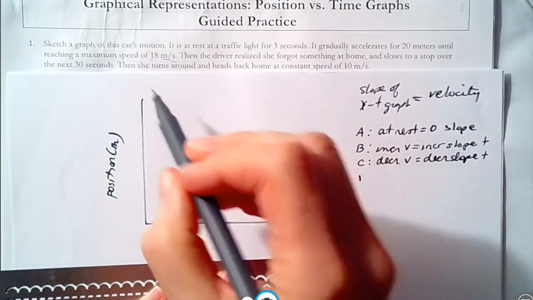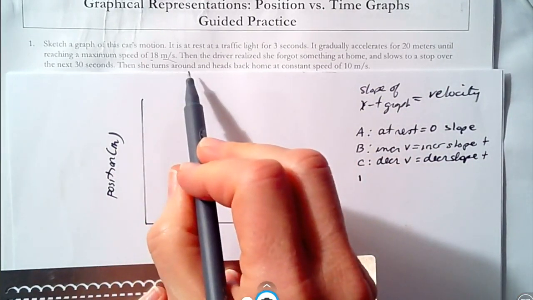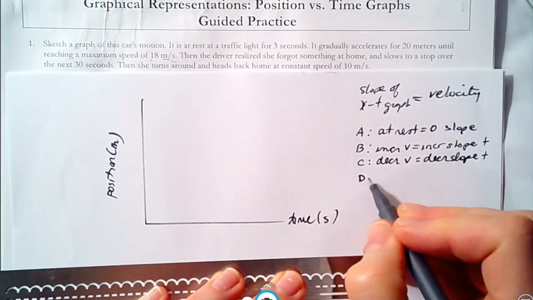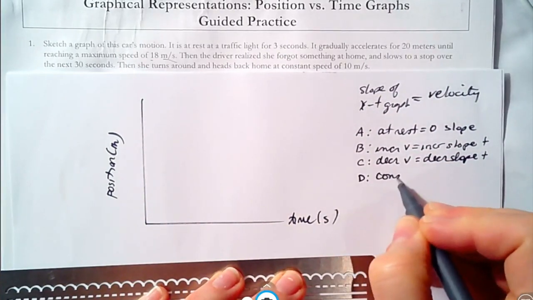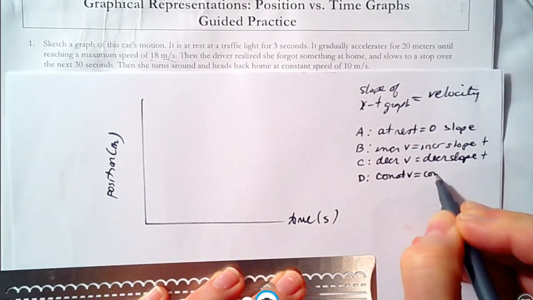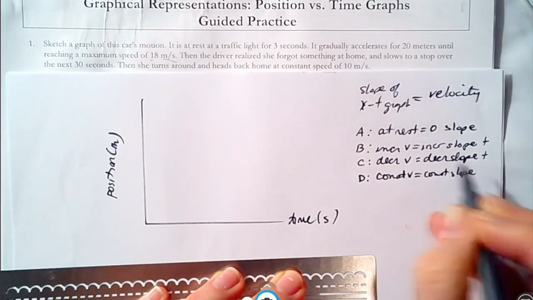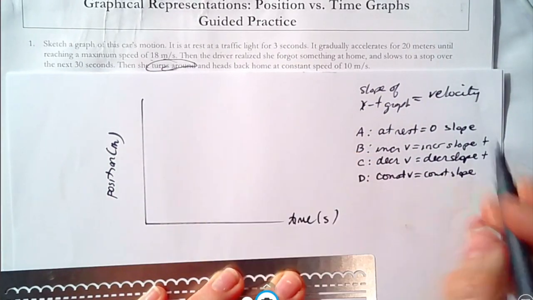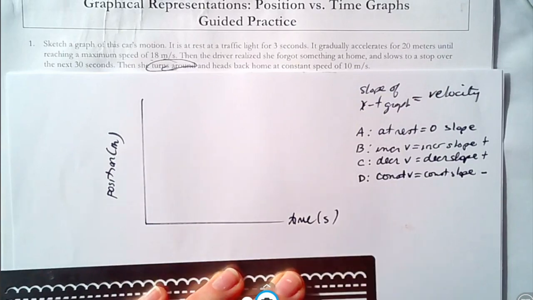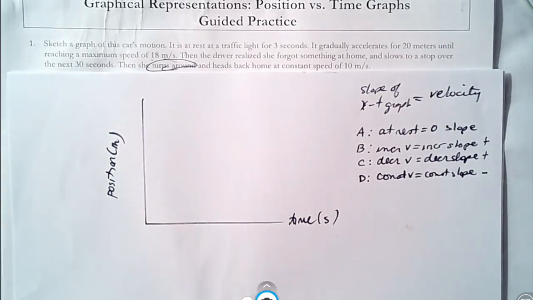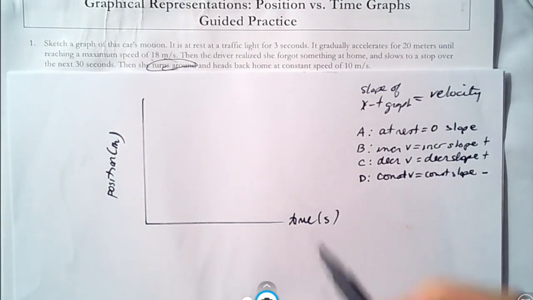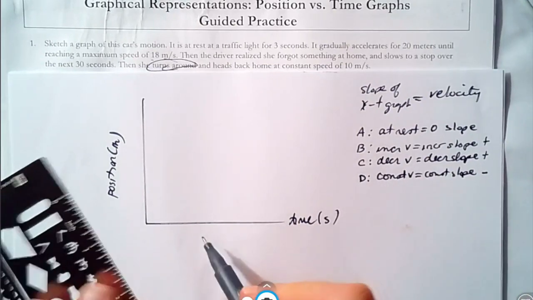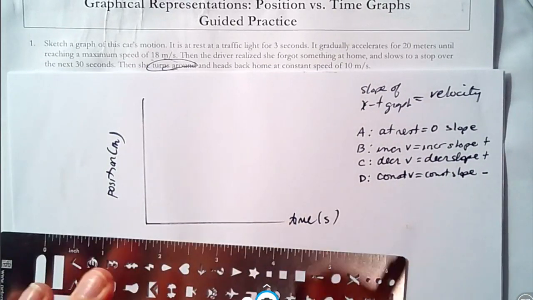Then the last part, she turns back around and heads back home at a constant speed. So now we have constant speed, which means constant slope. But now because we turned around, that means we're going in the negative direction. Once you've figured out that general situation, I'm going to break my axis up.